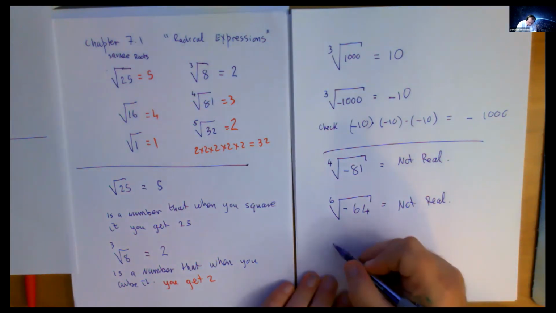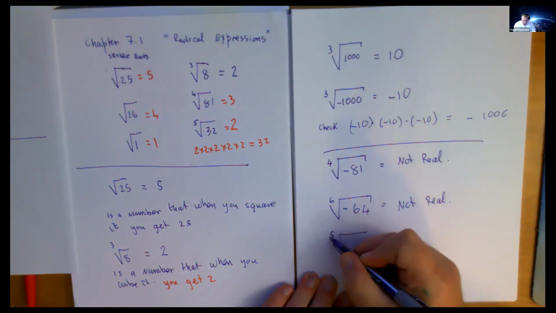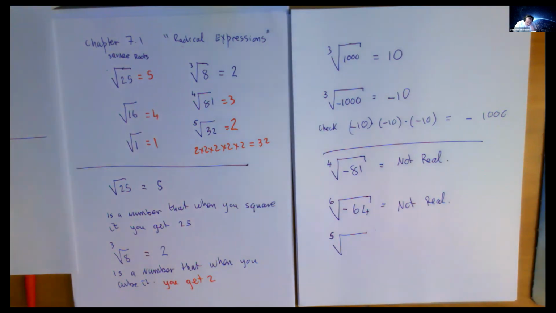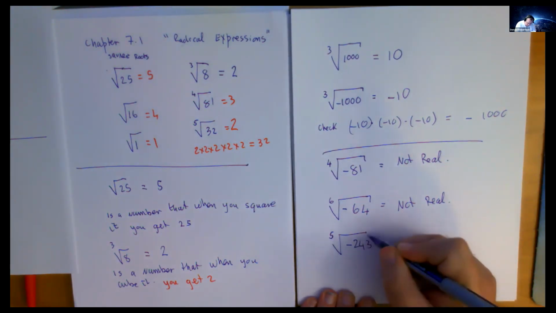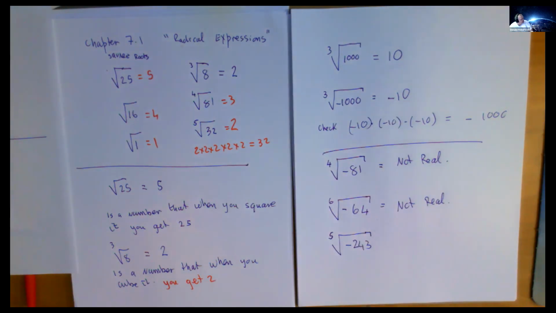What about fifth roots? And I need a number. I'll stick in a negative, of course. And I want a number like negative, I don't know, 3, 9. Just tell me if it's real or not real.